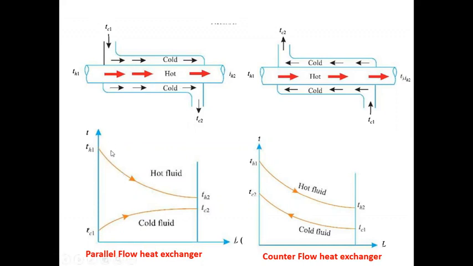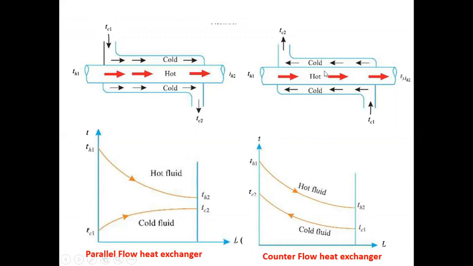Here we can see that the hot fluid temperature decreases in this particular direction along the length of the heat exchanger as it is losing heat. Consequently, the temperature of cold fluid increases when we move from inlet to exit of the heat exchanger. This is because it is getting heat from the hot fluid.